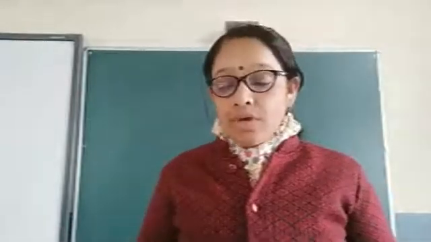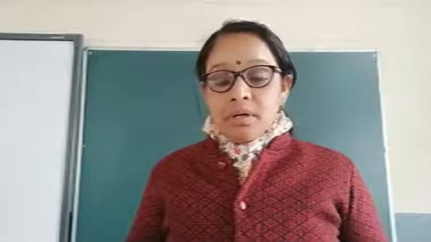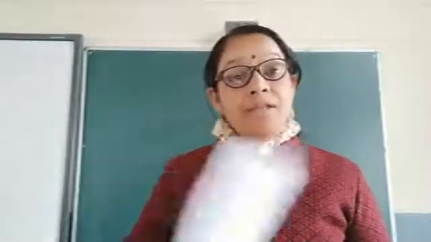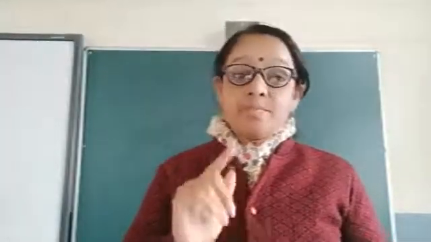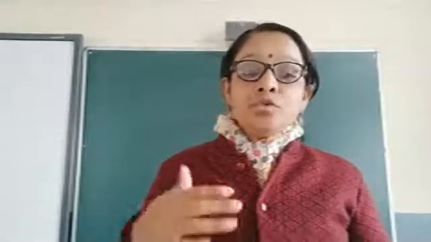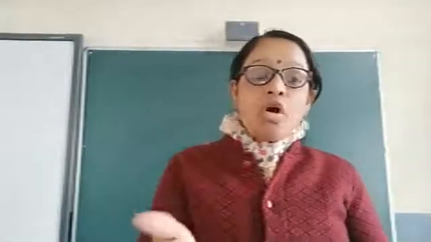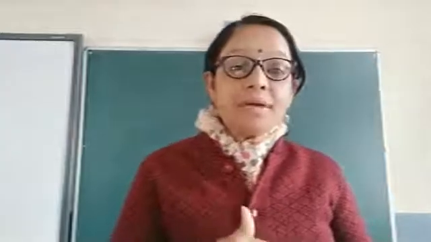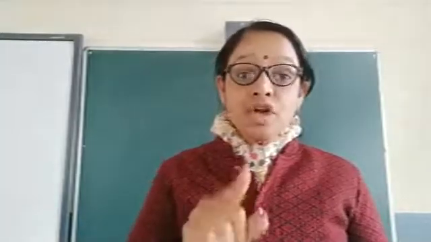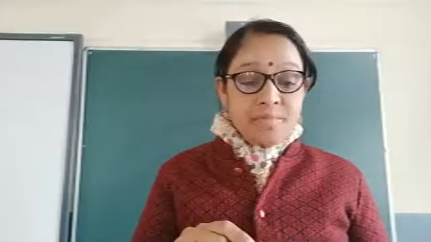Now, in chapter number 12, that is Reformation, what is there in your syllabus I have explained and completed in my yesterday's video. I'm just going to recall it. If you open the chapter, the first two paragraphs, the introduction, are in your syllabus.